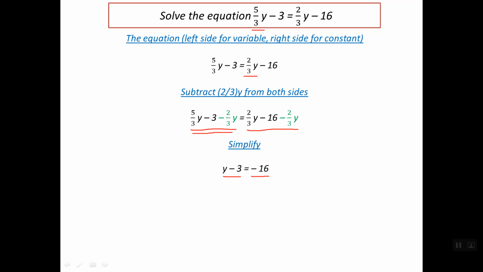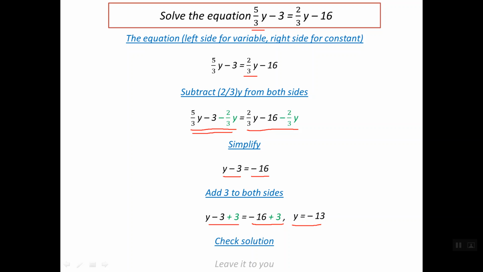Now we can simply keep the variable y alone by adding plus 3 to both sides. So the left side becomes y minus 3 plus 3, and the right side becomes minus 16 plus 3. So you will have the value of y to be minus 13. You can simply check the solution. I'll leave it to you.